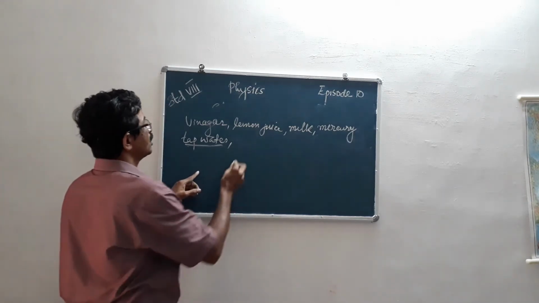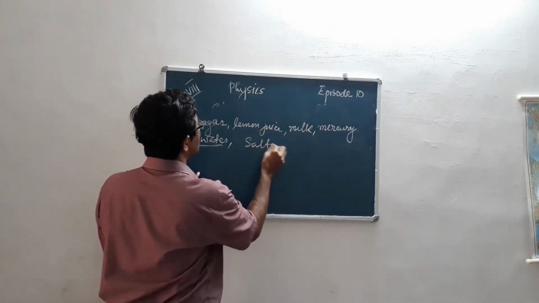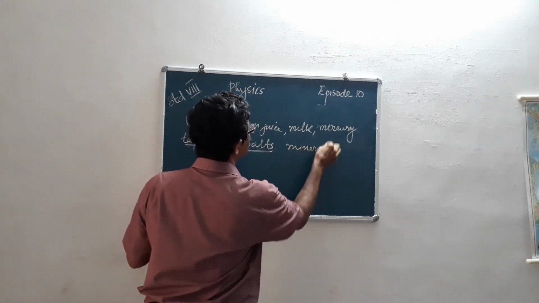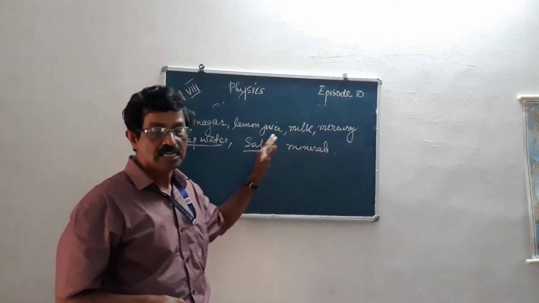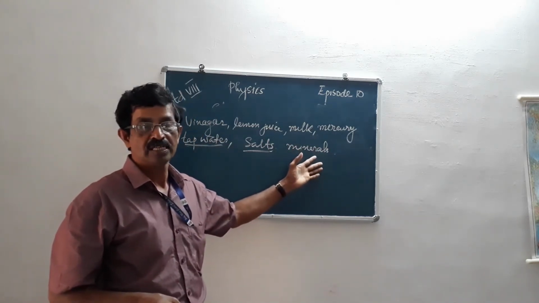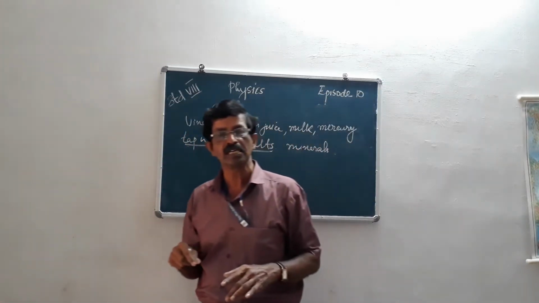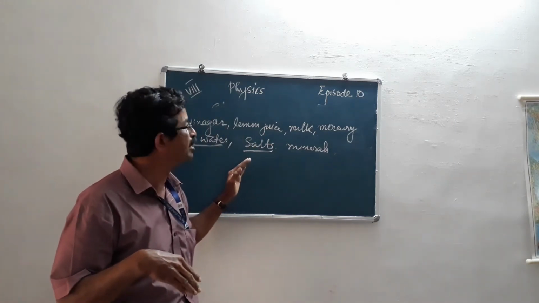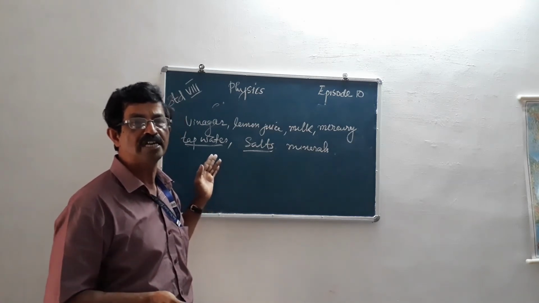Because tap water or well water has certain salts or minerals dissolved in it. Some of the minerals in the water are beneficial to our body, but because of those minerals, water becomes a good conductor.